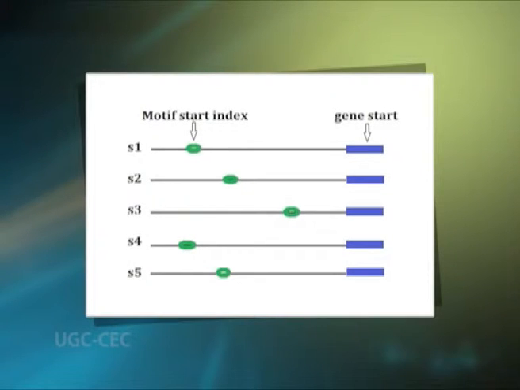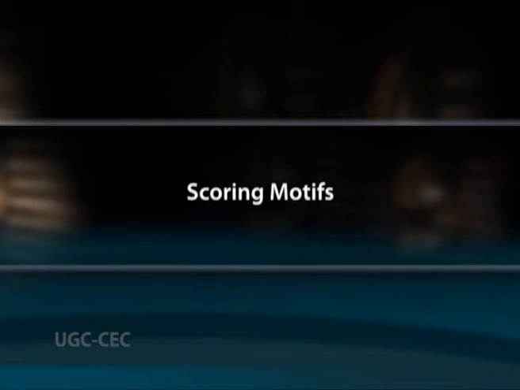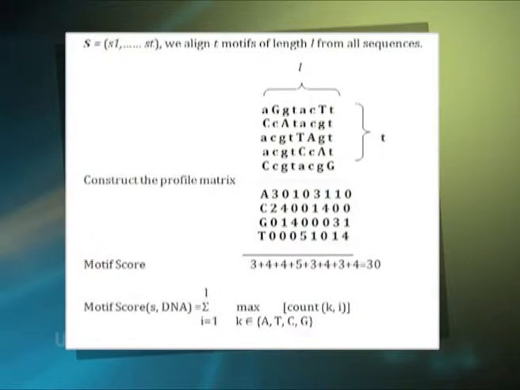Without alignment, the motif start positions in sequences can be represented as the set S, S1, S2, S3 up to ST, where ST is the position index. Scoring motifs: given S equal to S1 to ST, we align T motifs of length L from all sequences. Construct the profile matrix.